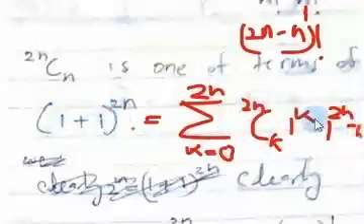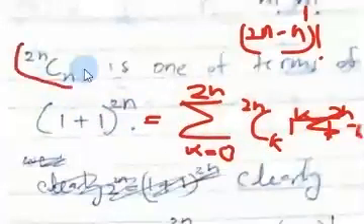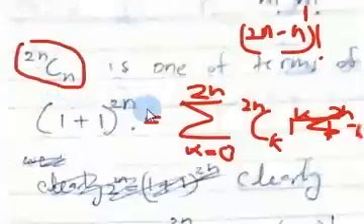You don't need to write these things. This is the binomial expansion of this, so this one is one of the terms of this binomial expansion.